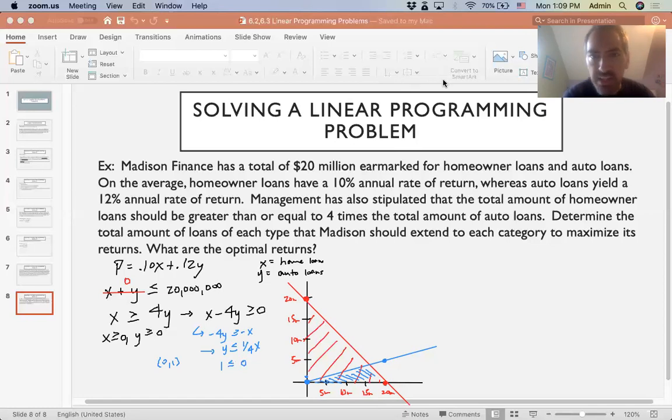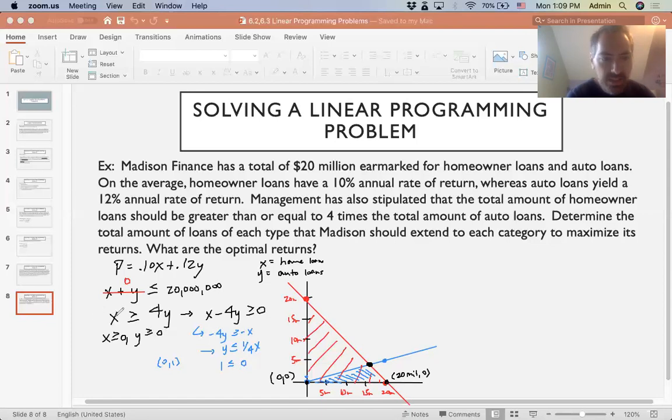We need to find the corners. And I know this corner is 0, 0, which of course is not going to maximize anything. I've got this point here, which is 20 million, 0. I just need to find this corner right here, which is the intersection of my two inequalities.